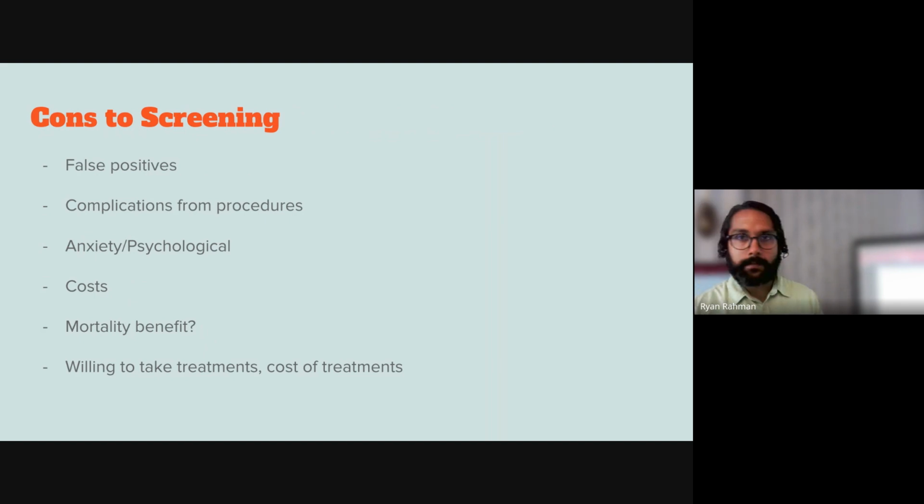So, mortality benefit. This is a big deal. A lot of studies haven't necessarily shown a mortality benefit with a lot of these screenings, and I don't have a great explanation for that, except that heart disease, diabetes, and all these other things are risk factors for cancer even. So perhaps something else then kills them after cancer. They survive a cancer and then die of heart disease.